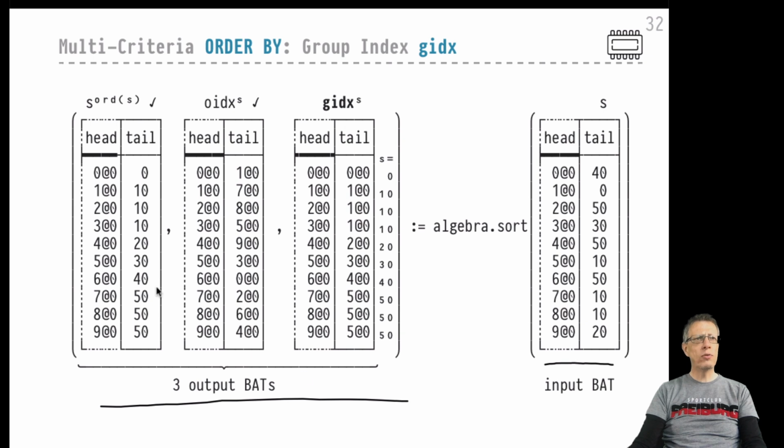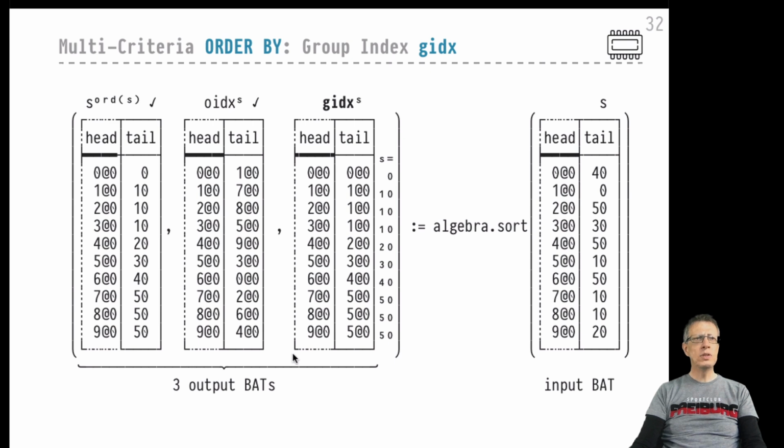We've only looked at the first two so far. This group index BAT is the new kid on the block. Of course, we would receive the ordered S BAT. As you can see here, everything has been ordered as expected. Tail value 0 at the beginning, tail value 50 at the end here. This is the order index that we've already seen.